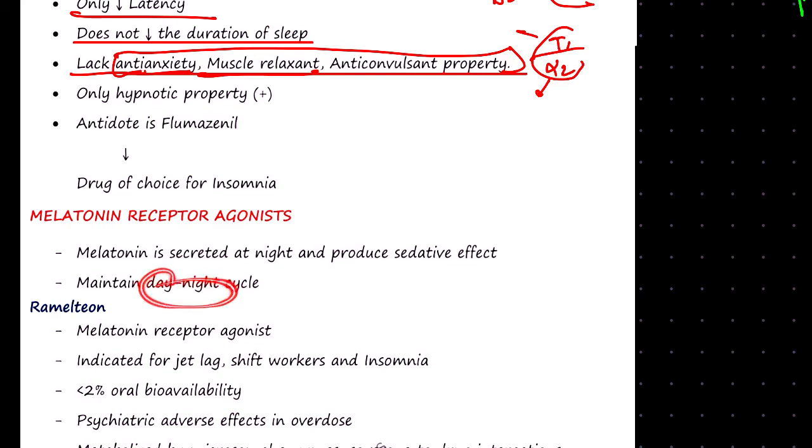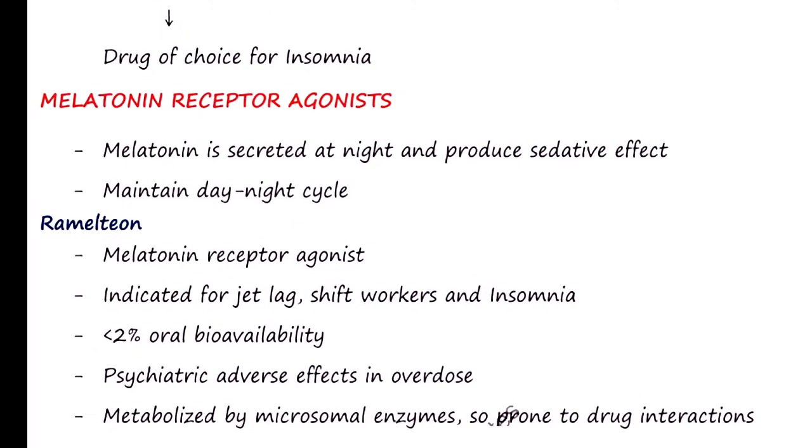They maintain the day-night cycle, and one important melatonin receptor agonist is Ramelteon. As the name suggests, RA and melteon: melteon is melatonin, and RA is receptor agonist. So Ramelteon is a receptor agonist for melatonin.